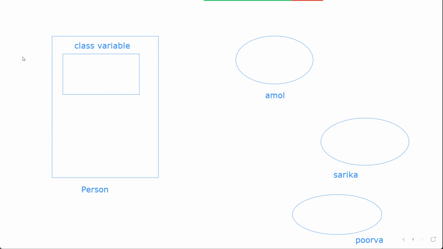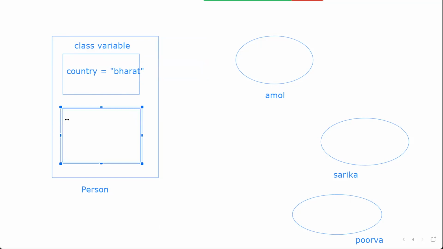Let's say I have defined one class variable where I say country equal to India, let's say Bharat. Now this is a class level variable. So whatever I define here is a class level variable, and whatever you want to have different values for a particular object, you will define in the constructor, which we have already seen, right?